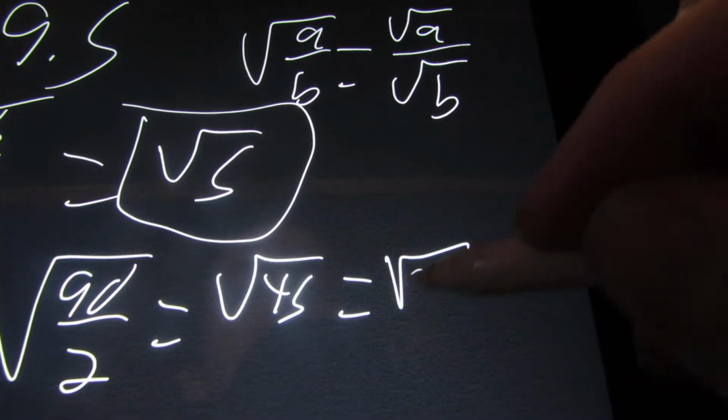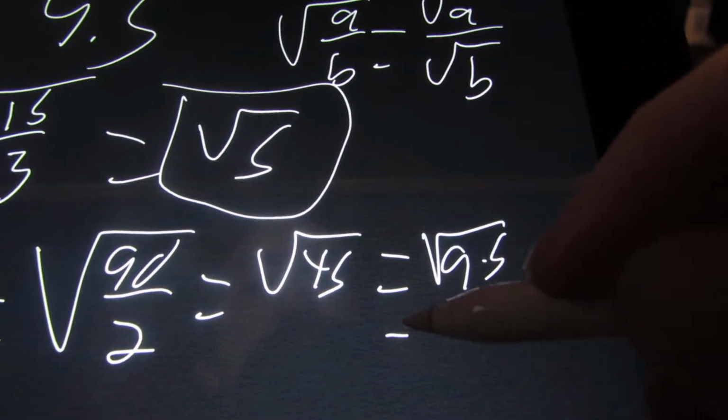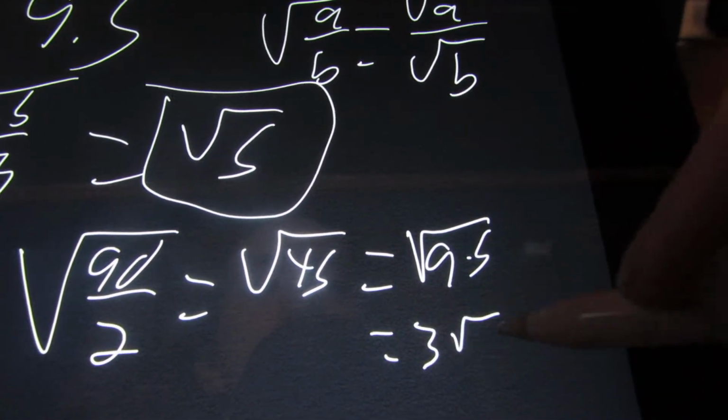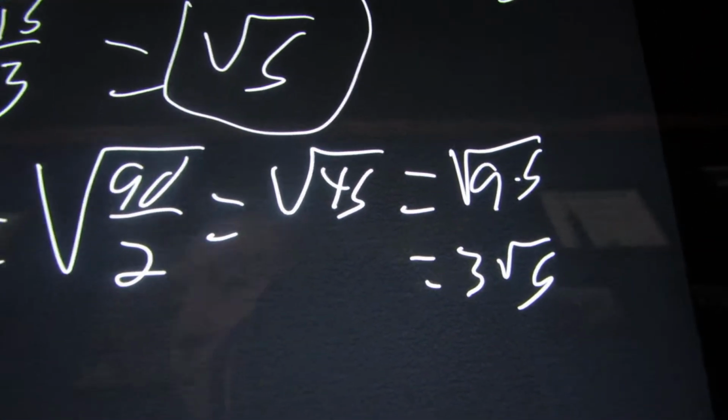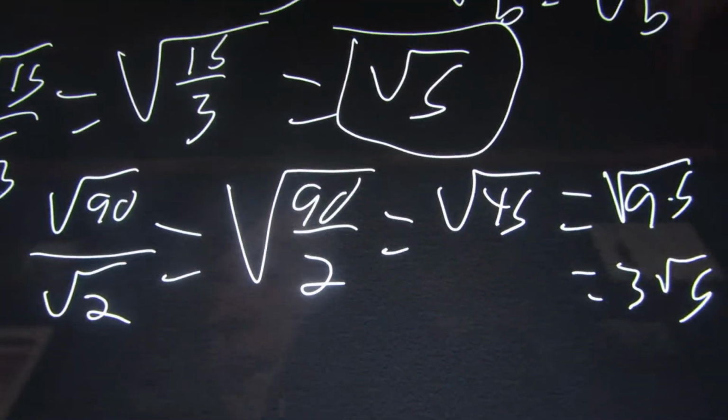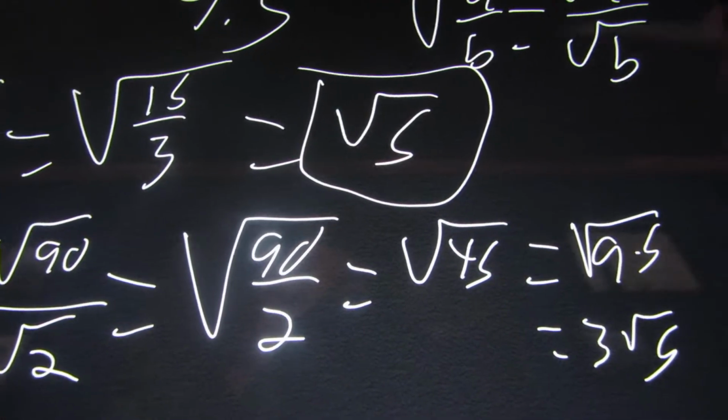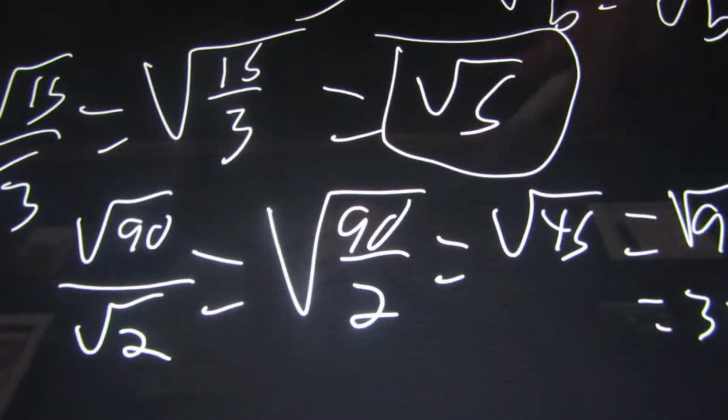So we can rewrite this as square root of 9 times 5, which is 3 square root of 5. So make sure that you check to see if you can take a square root of part of it. And again, if you can divide the numbers before you do anything else, do so.